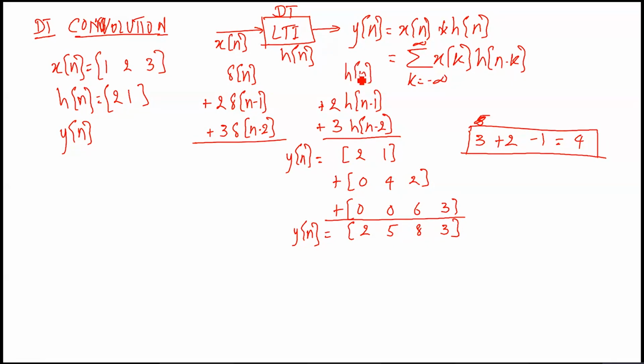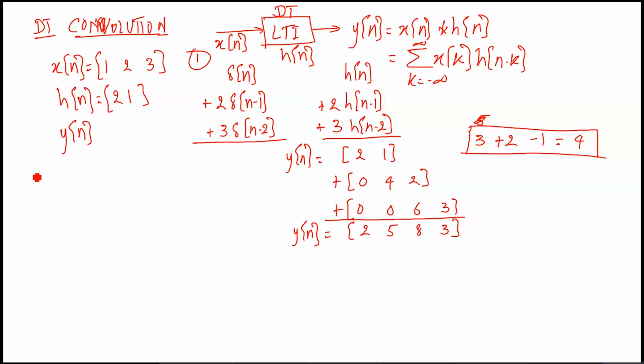We just plug in values for h of n, add them up, and we get our answer. This is the very basic method that we saw even before we studied convolution. It is indirectly doing convolution, but we can compute convolution or find output using this basic method.